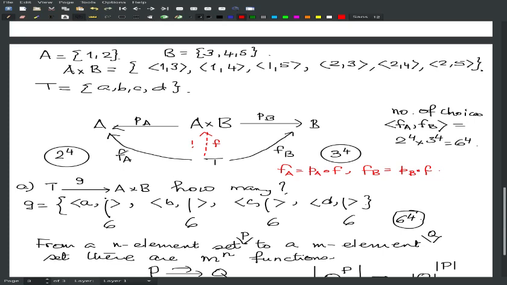So this diagram commutes means it's producing two equations. There is only one way that both these two equations can be made to satisfy.